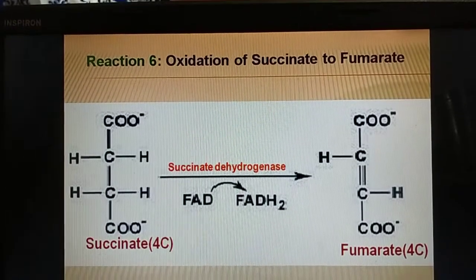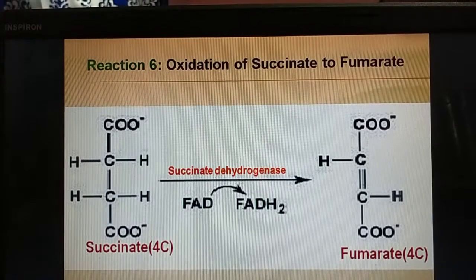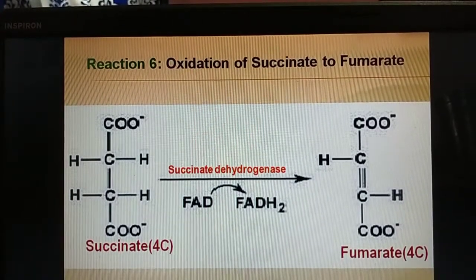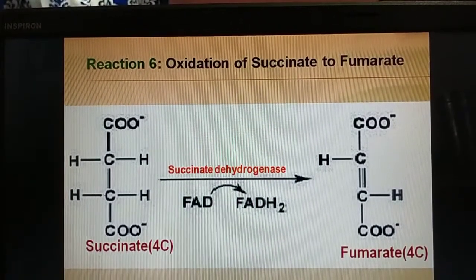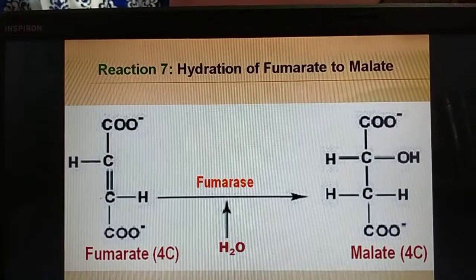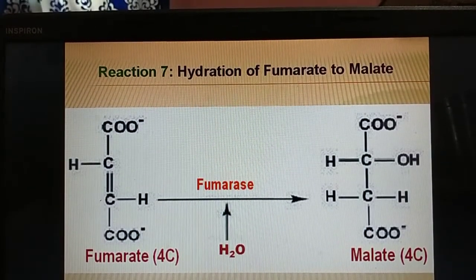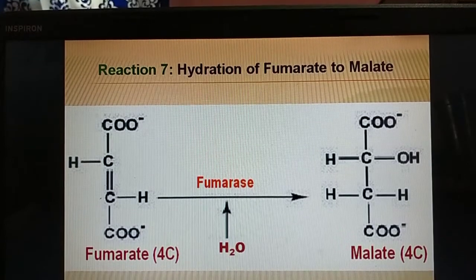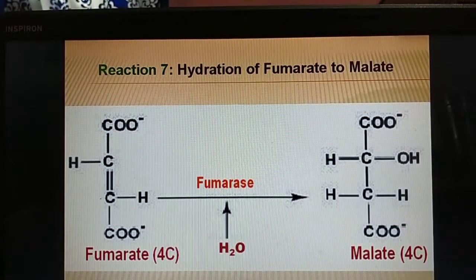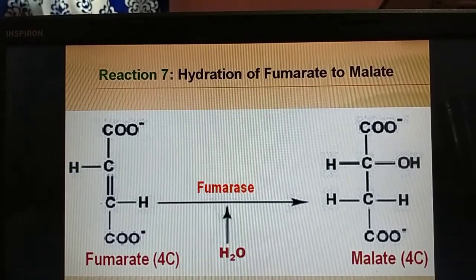Reaction number 6, oxidation of succinic acid to fumaric acid. The 4 carbon compound succinic acid is converted into the 4 carbon compound fumarate in the presence of succinate dehydrogenase, liberating one molecule of FADH2. In reaction number 7, fumaric acid is converted into malic acid in the presence of fumarase, involving one molecule of H2O.